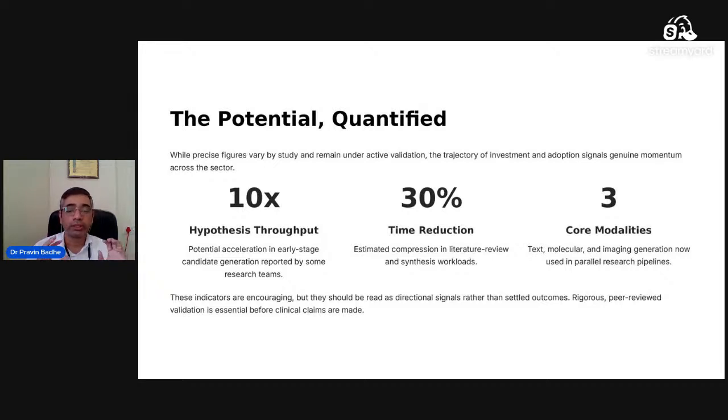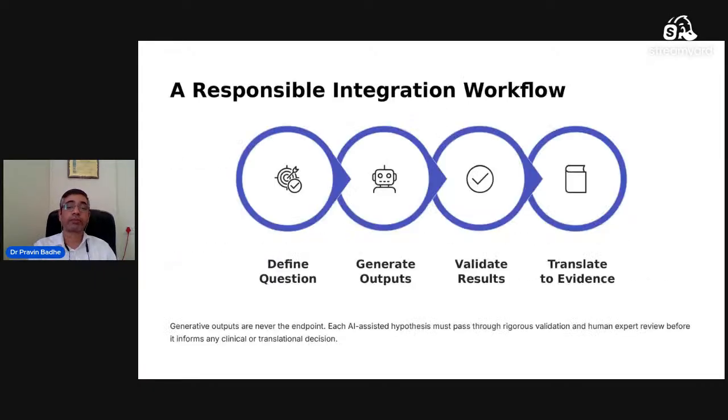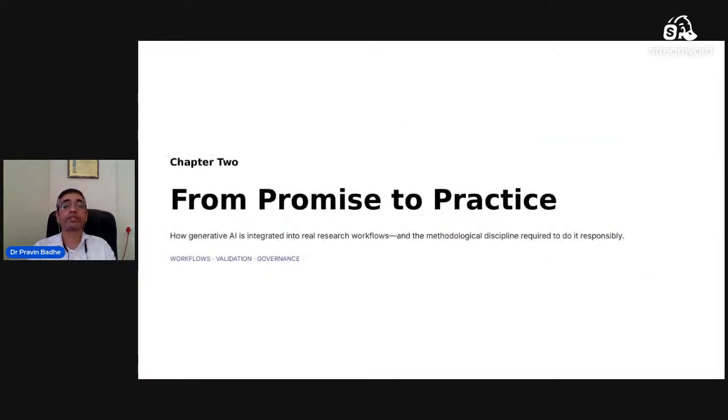So it is a very useful and encouraging area, which we can use for research purposes, for rigorous peer review validation, and for clinical claims as well, like designing clinical trials and inclusion and exclusion criteria. So there is a promise leading towards practice due to generative AI.